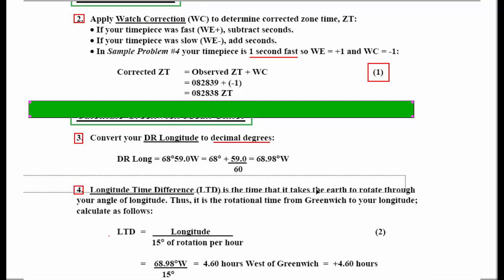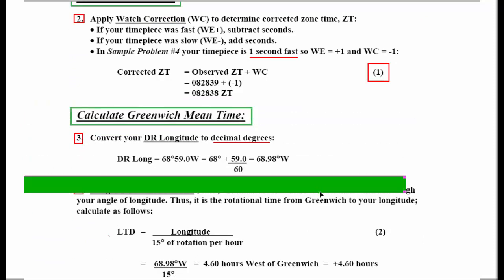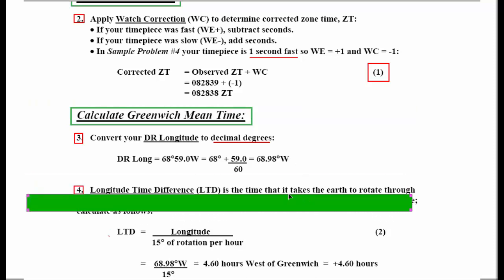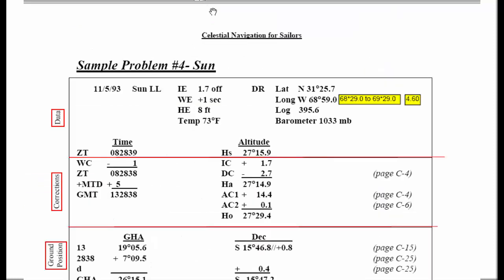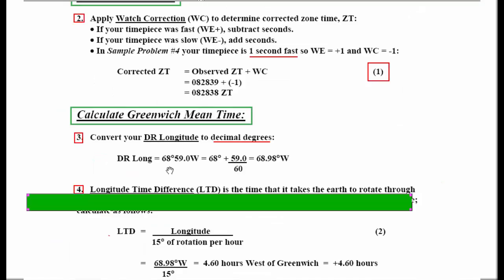And then our next step is to calculate the Greenwich Mean Time, and there's a couple of steps to that. The first thing we have to do is take our DR longitude. In this sample problem, our DR longitude was 68 degrees 59.0 minutes west. We're going to divide this by 15 degrees per hour in order to compute hours.